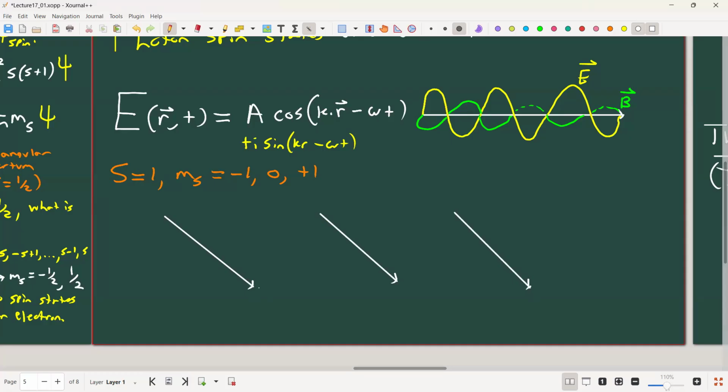So here's our axis. For m equals 0, you have the wave propagating on the axis like this, just moving down the line, straight down the line, not doing anything.